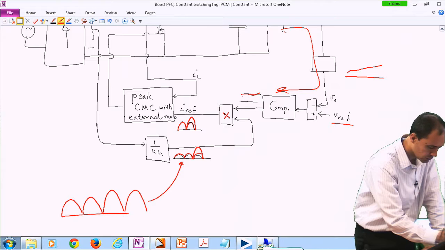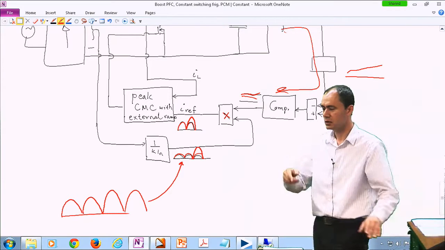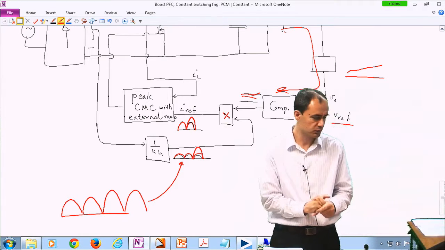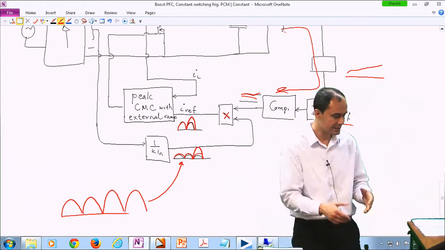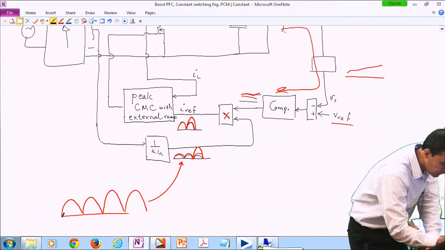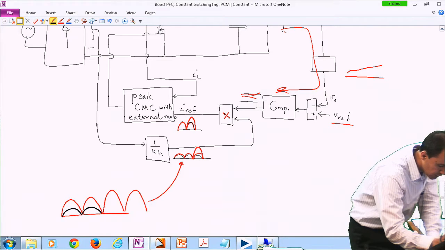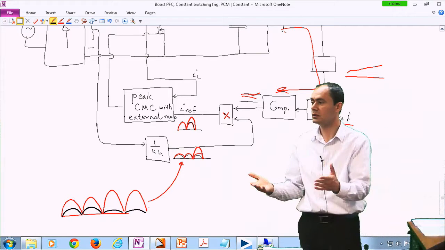So this signal goes down to compensate for this increase in the amplitude of the input voltage. So your output power is constant. Ideally, because your output power is constant, when your input voltage increases, your input current, the black one, should decrease because the power should be constant.